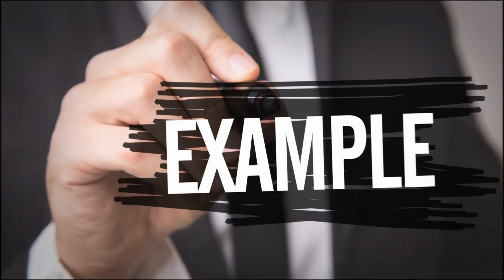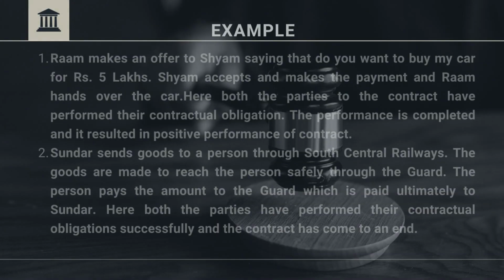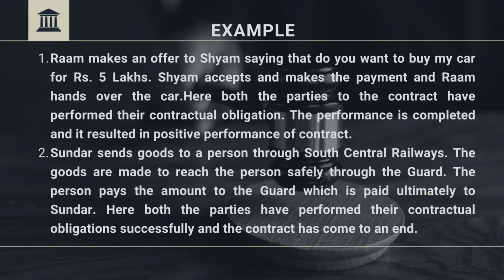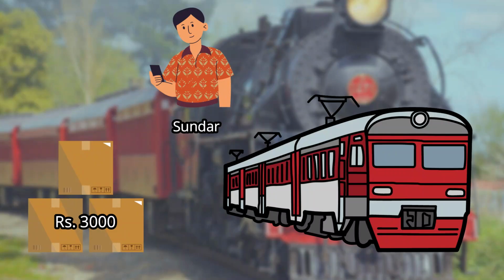Another example I can quote you: Mr. Sundar is going to send goods to you for which you are supposed to pay 3000 rupees to him. Sundar has sent the goods to you through Indian Railways. Here Sundar has sent the parcel through the train and after the train reaches, the goods are sent with the guard.